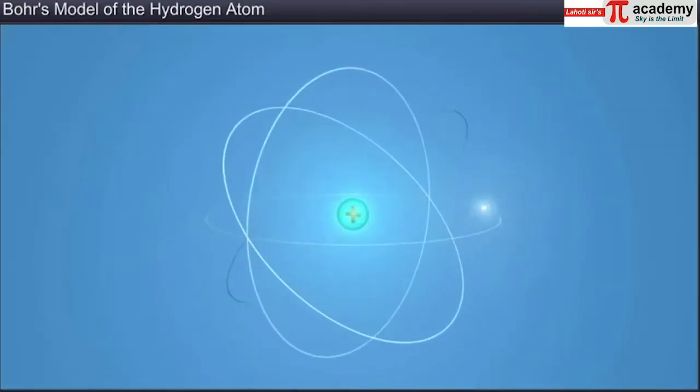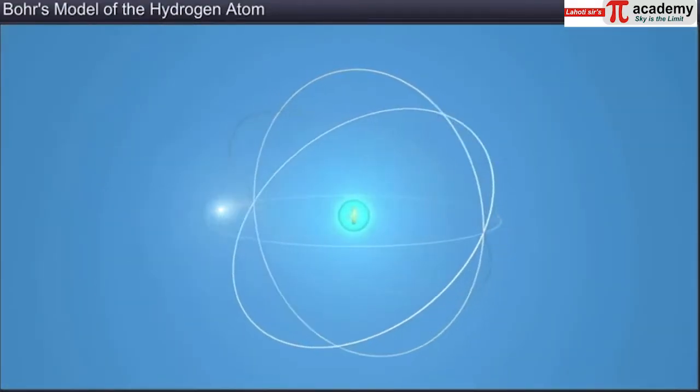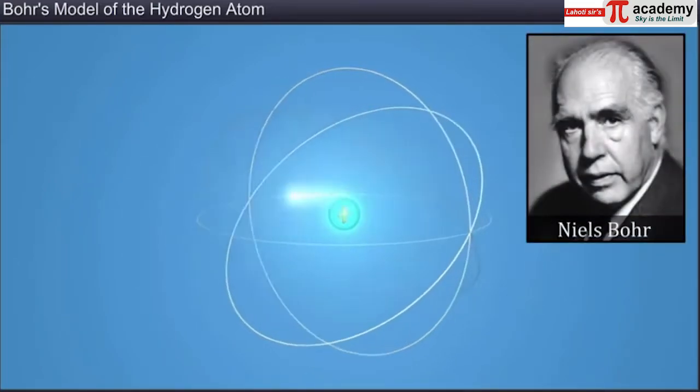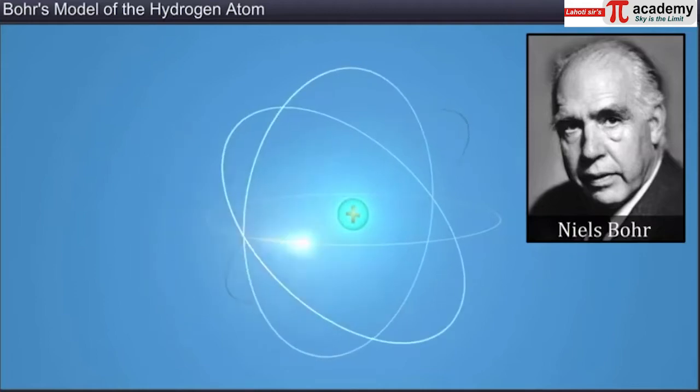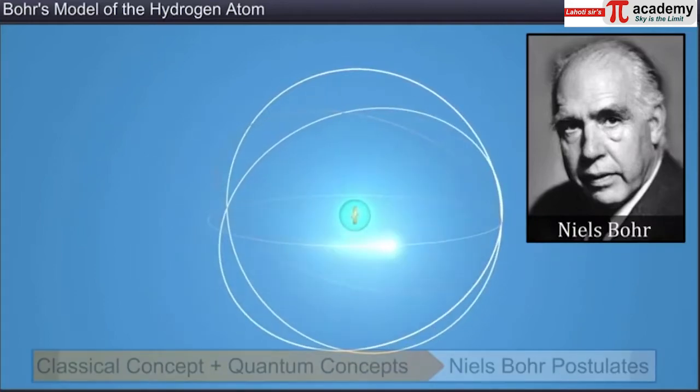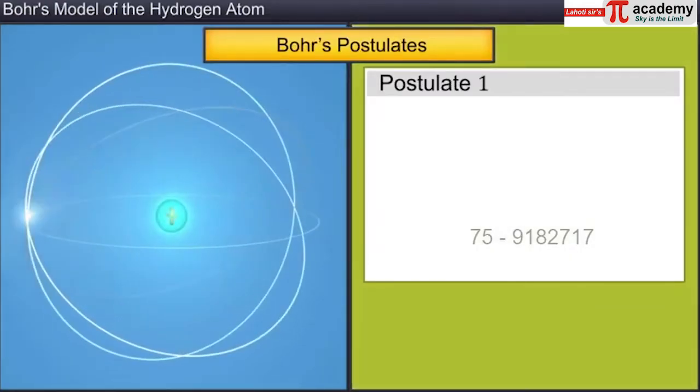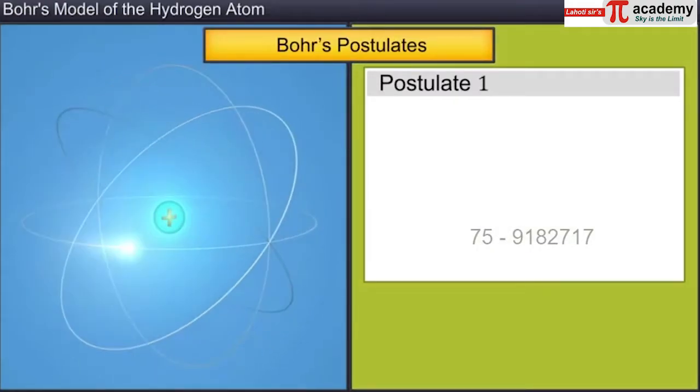In order to overcome these limitations, in 1913, Niels Bohr gave his postulates based on quantum theory of radiation. He combined the concepts of the classical and quantum theories to form the basis of his three postulates of an atomic model. According to the first postulate, an electron in an atom could revolve in certain stable orbits without losing energy continuously.